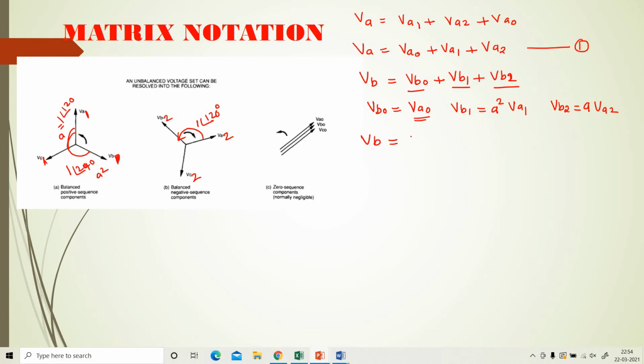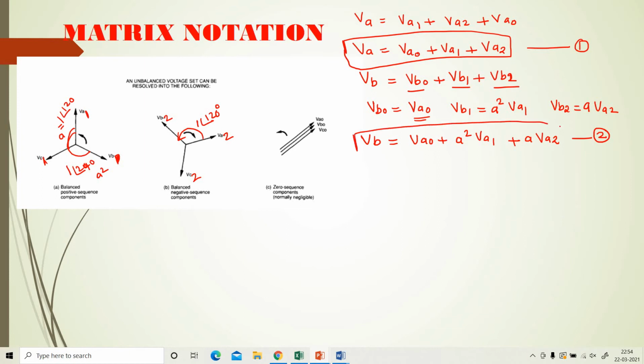VB equal to VA0 plus a square into VA1 plus a into VA2. This is the equation number 2. These equations are very much important. VA, VB, these are the equations for unbalanced voltage.